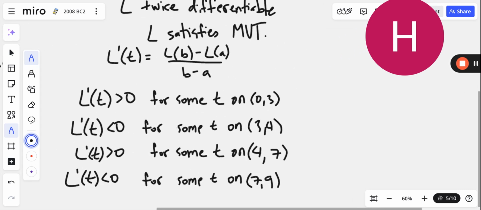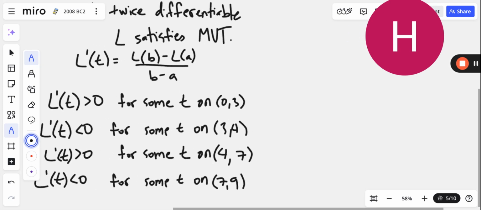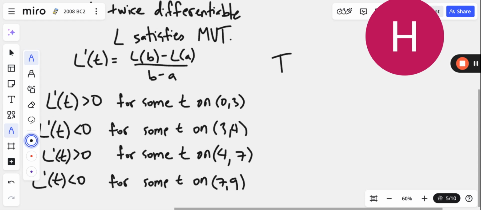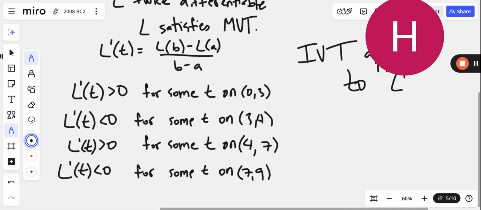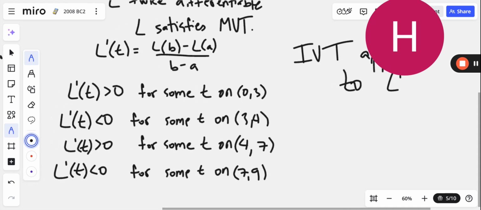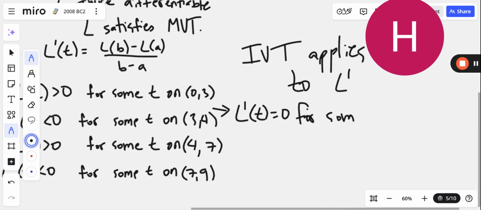Now, because L prime is continuous, we know that the IVT also applies. The IVT applies to L prime. What does that mean? That means that if we know the derivative is positive at some point and then it's negative at some point, we know that it has to pass through 0 for some t1 on the interval from 0 to 4.